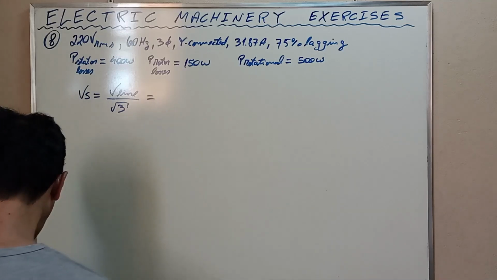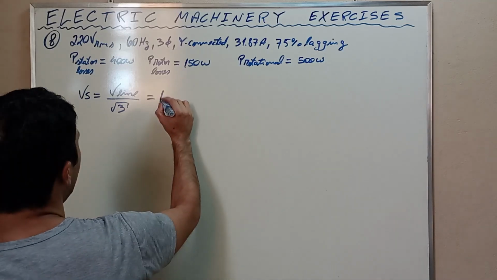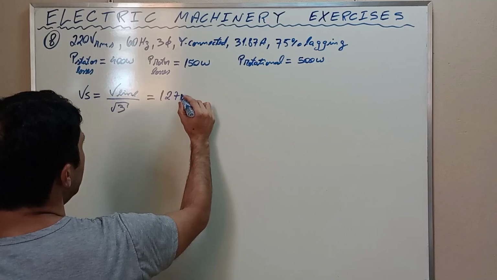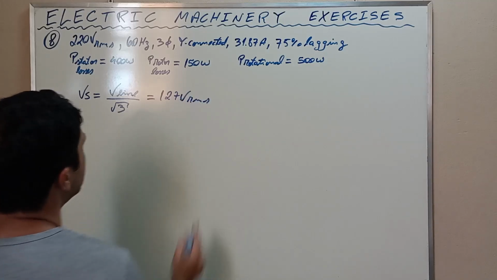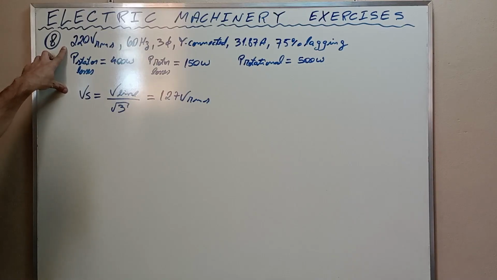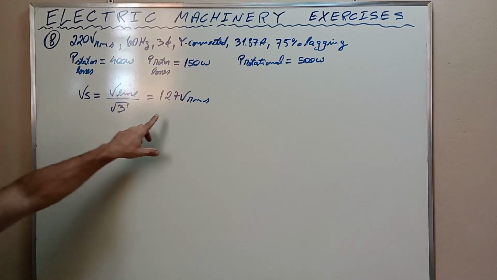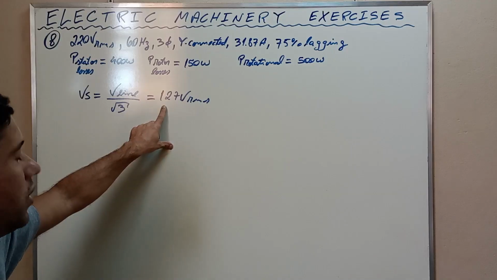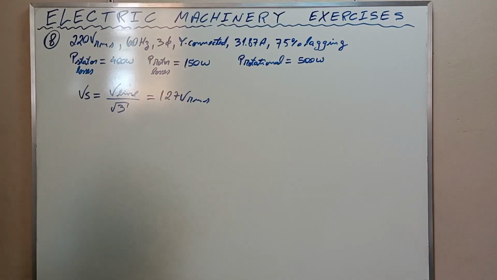And this is equal to 127 volts RMS. The line voltage is 220 volts RMS and the phase voltage is 127 volts RMS.